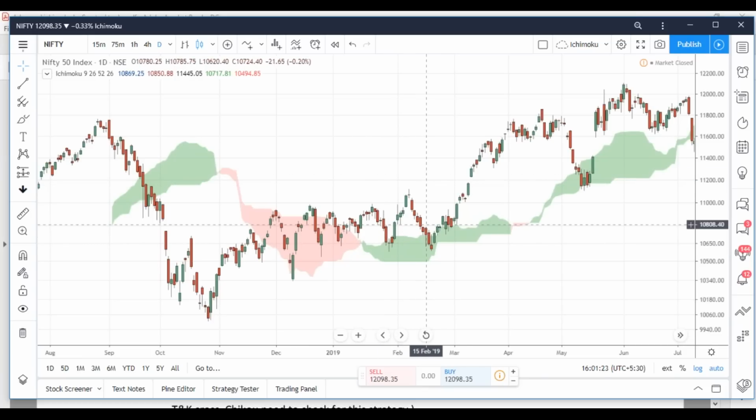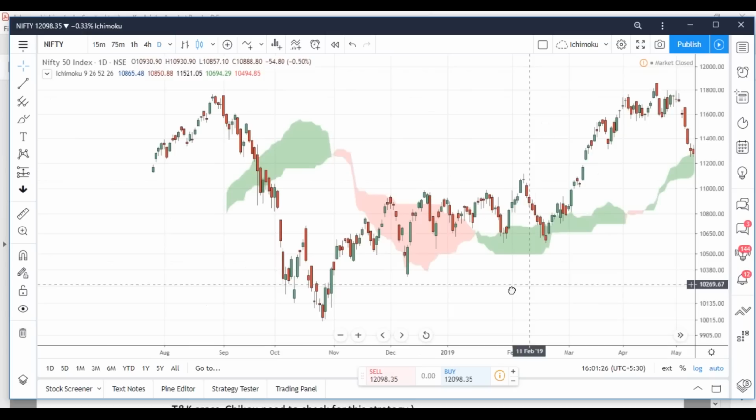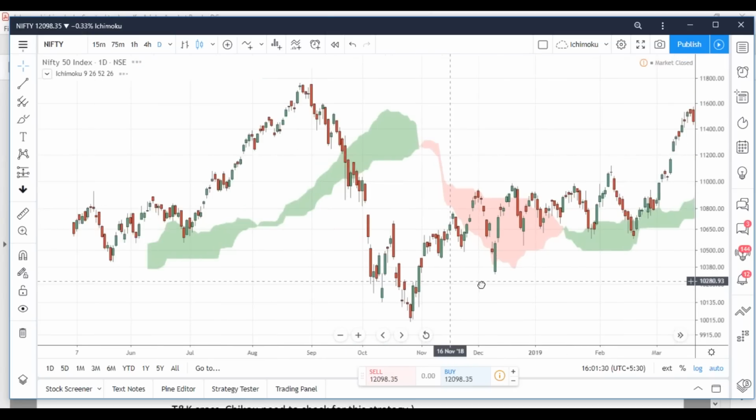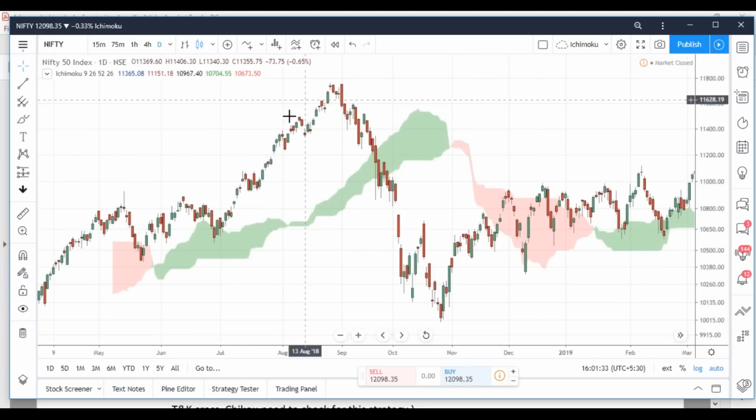One more bounce from the cloud, worked out very well. Here also we bounced, and see the price action after that, a nice move in almost all the cases.